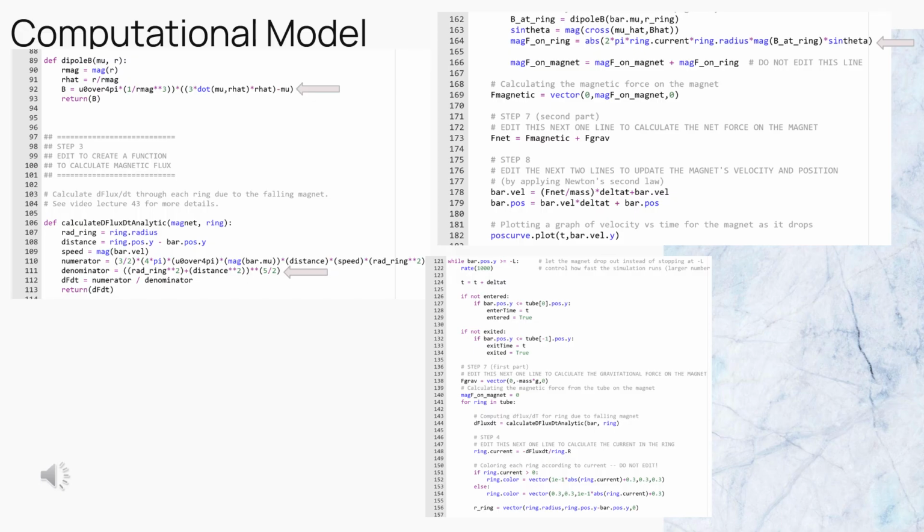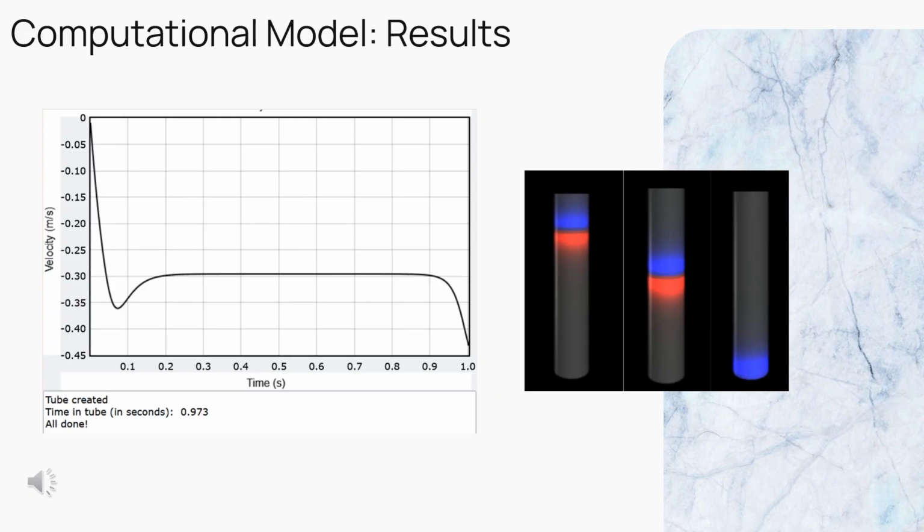Here are the results that came from the code, which is the plot, and also how the magnet looked when it was falling.